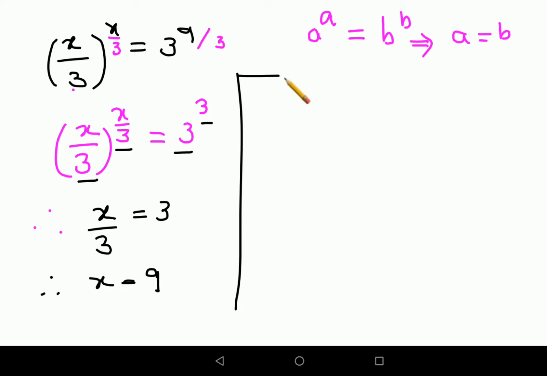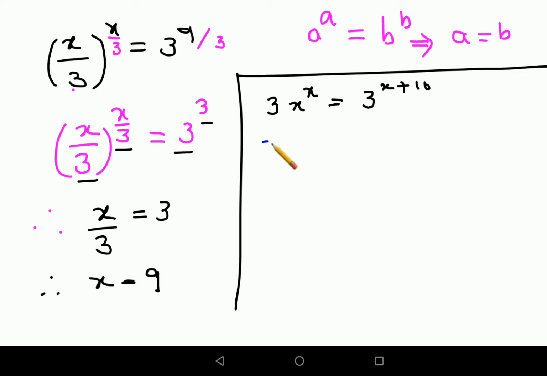Now, putting your value of 9 in the original question, which was 3 into x raised to x is equal to 3 raised to x plus 10. Let's first put the value of x as 9. So we have 3 into 9 raised to 9.